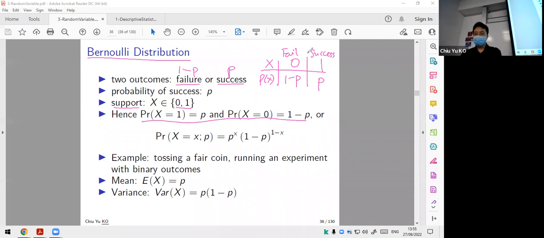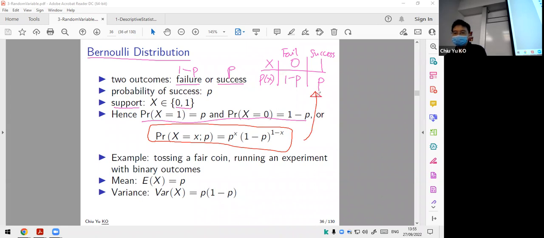And mathematically, you can write it in this compact form, okay? You may ask why this; we will talk about this two slides afterward. I'm trying to convince you that if you write in this form, it's no different from the table form. This looks a little bit ugly, but this is the form that will be useful. If your X is equal to 0, what is P of X?